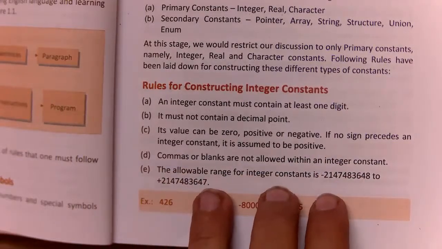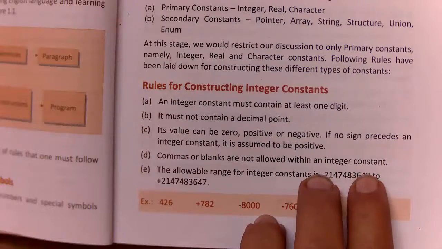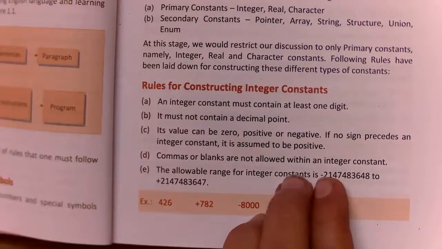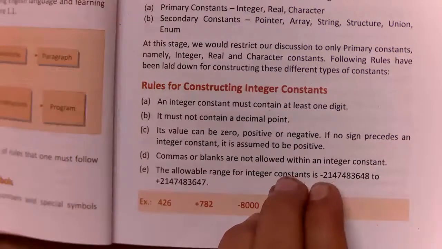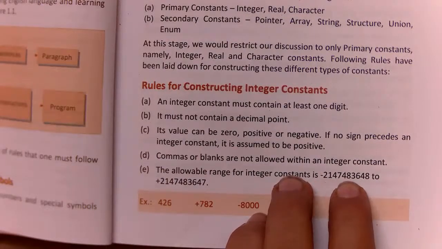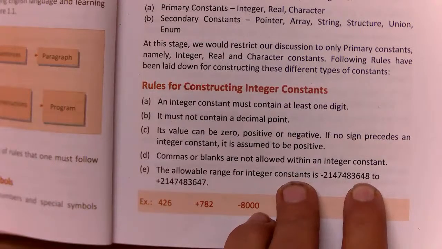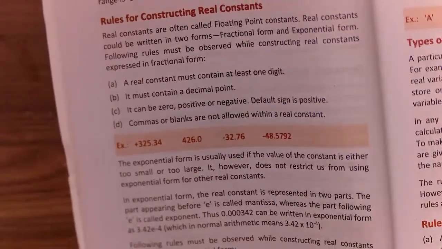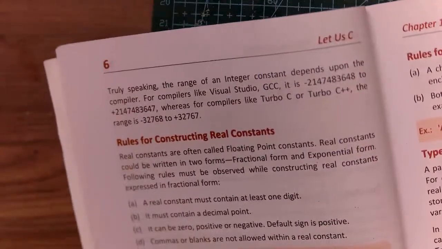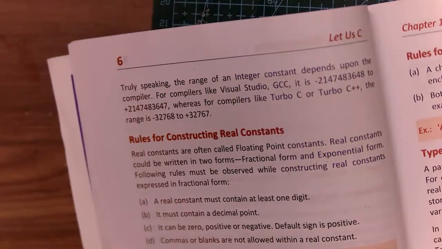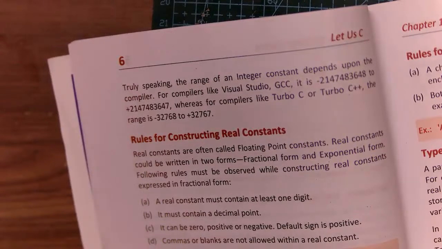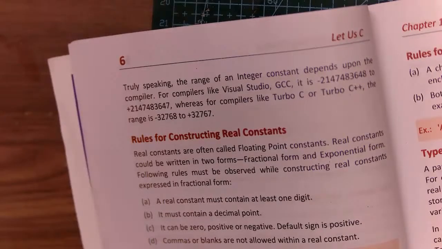The allowable range for an integer constant is from minus 2147483648 to plus 2147483647. Truly speaking, the range of an integer constant depends upon the compiler, like Visual Studio or GCC.